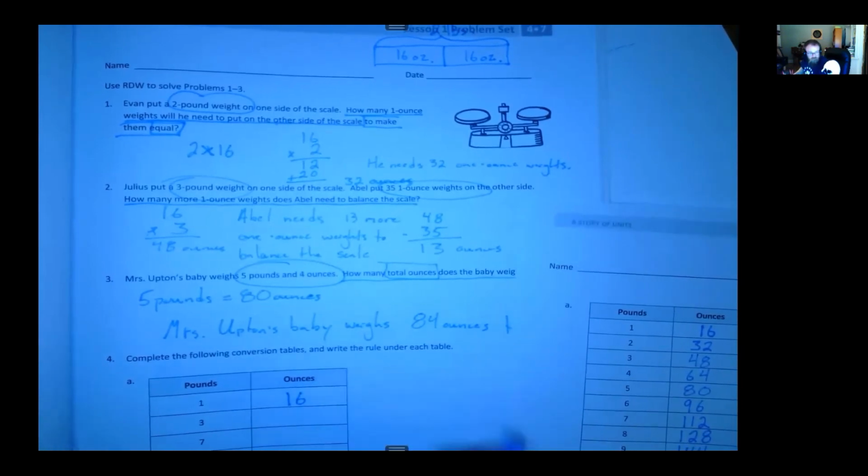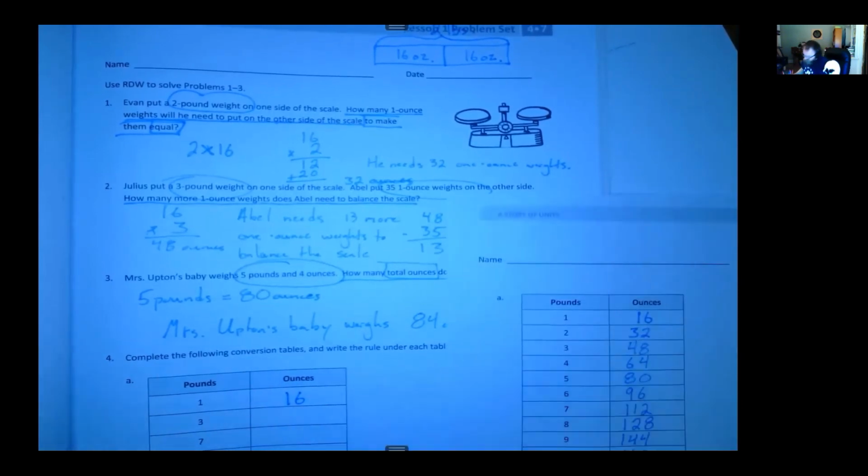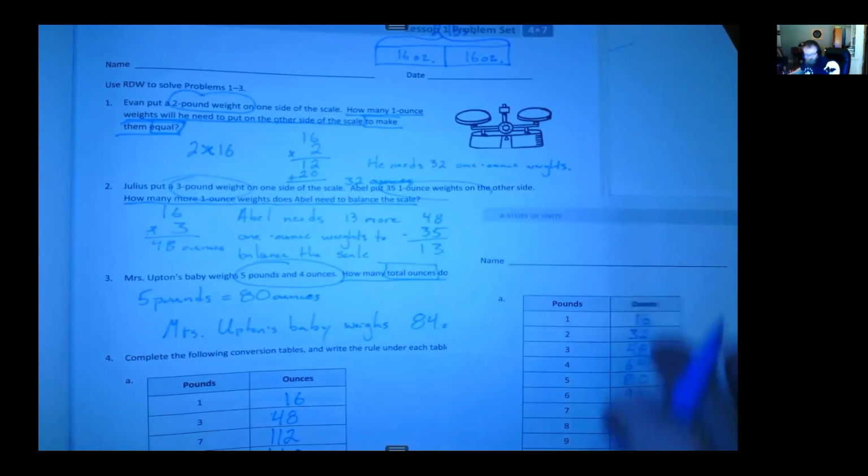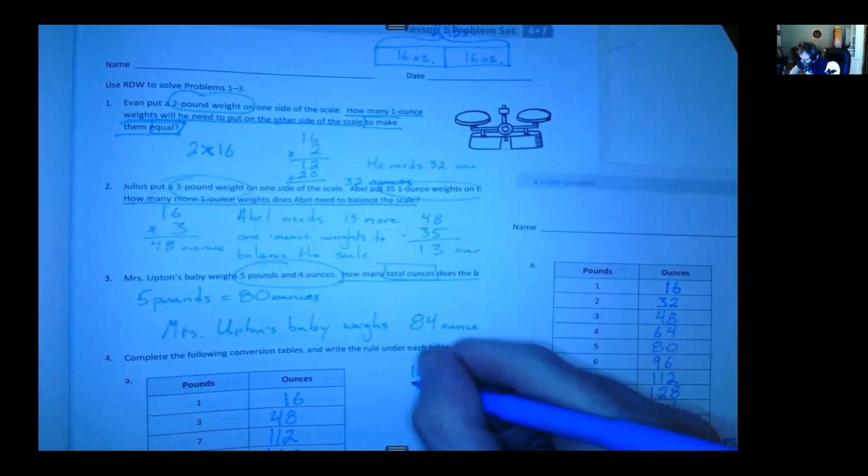We're going pounds to ounces. 1 pound, 16 ounces. 3 pounds, 48 ounces. 7 pounds, 112 ounces. 10 pounds, 160 ounces. 17 pounds, okay, that's not on the chart, but we're going to have to take the value of our 10 pounds, which is 160 ounces, and the value of our 7 pounds, and add them together.